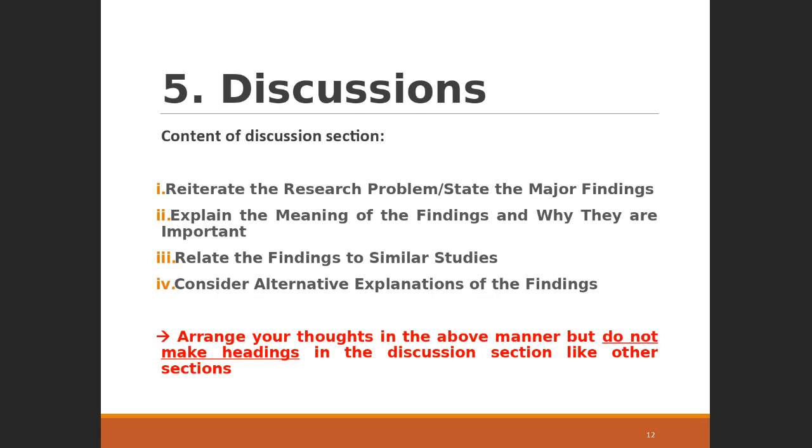So the contents of the discussion section are like this. You need to write the discussion section in this particular format. These are the four important elements of your discussion section. The first important part is reiterating your research problem and stating the major findings.